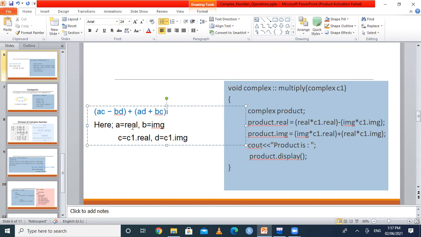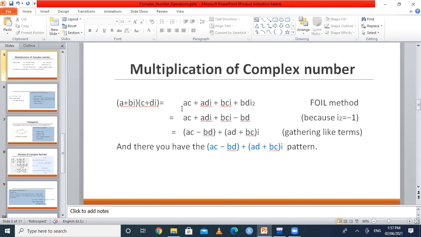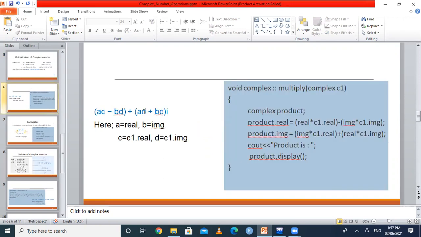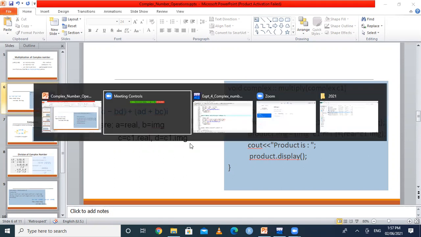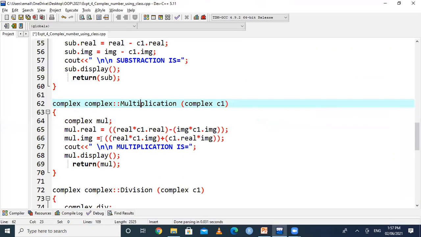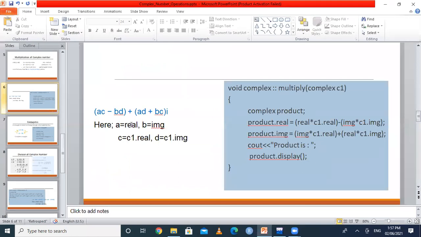So ad means real multiplied by c1 dot real. Sorry, it is not ad plus bci. Okay, so here ad means real multiplied by c1 dot imaginary, then plus bc, which means imaginary multiplied by c1 dot real. Here real means a and c1 dot real equals c.